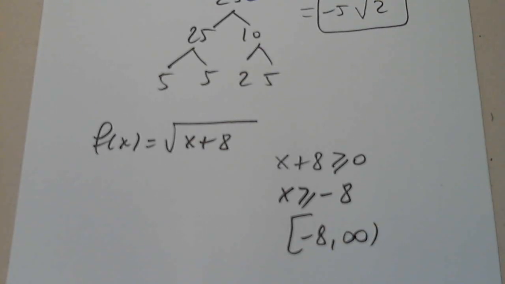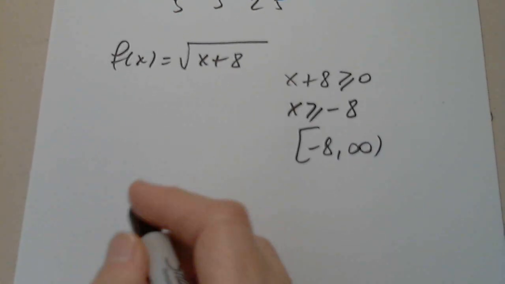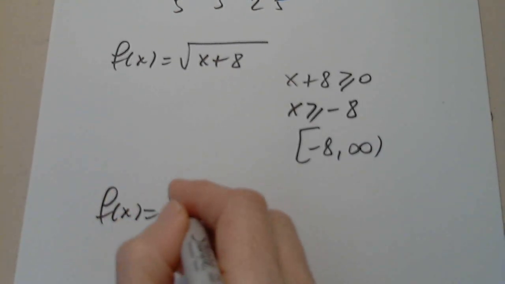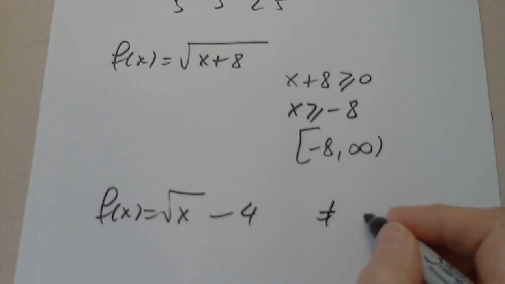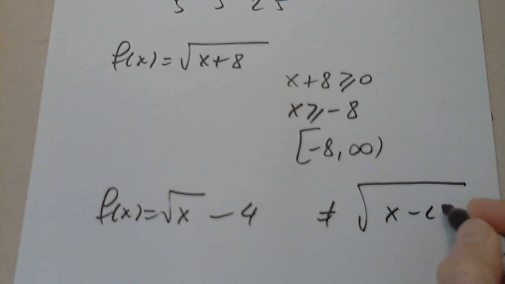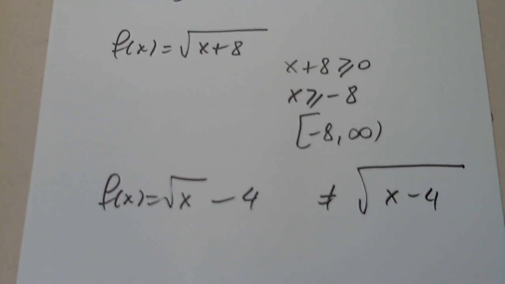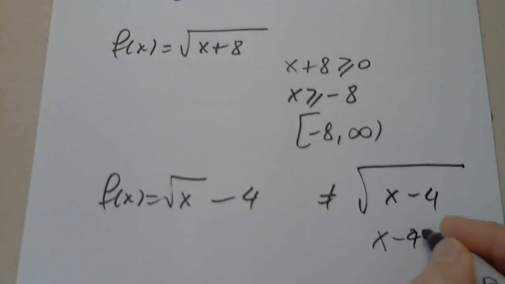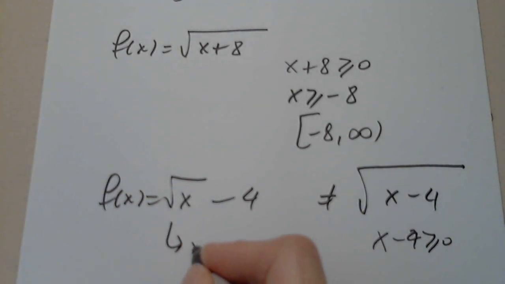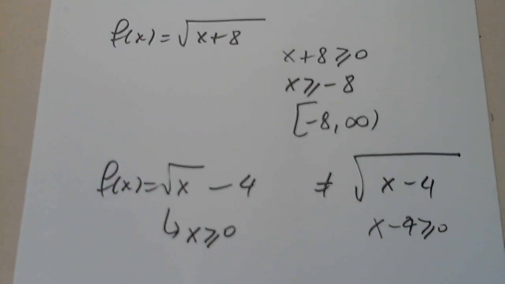Good. For the given function, determine the domain. So let's discuss this for a moment, because I saw, so this is the square root of x minus 4. This is not the square root of x minus 4. Here you have to write x minus 4 greater than or equal to 0, but here only x greater than or equal to 0.